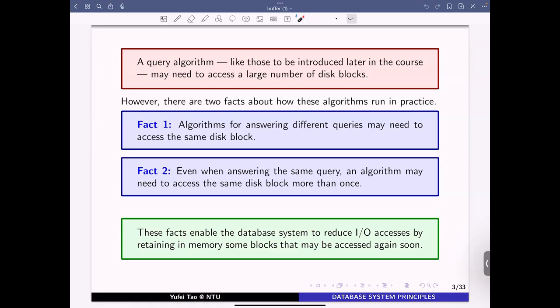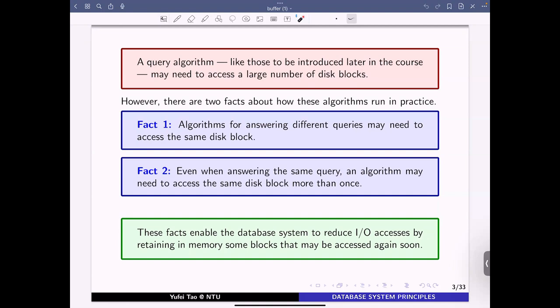to access? So you have to access the block first, and there's no way around it. The database system will have to pay one IO. That's for sure. But if this block stays in the main memory long enough to wait for my query to come along, then my query is not aware of this, right?